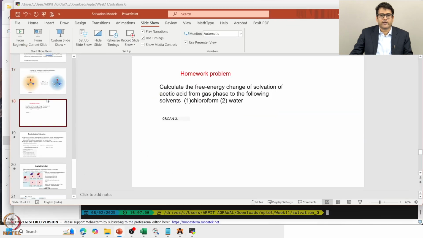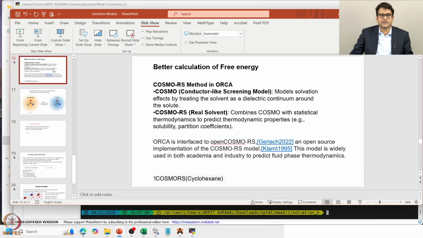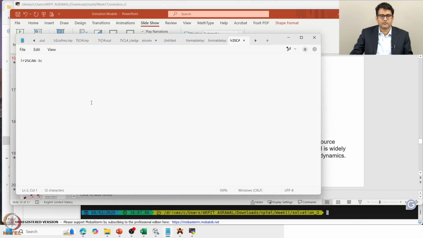Scan there, and then for the Cosmo RS, let's first use the Cosmo RS cyclohexane. First do the cyclohexane calculation, and we can use the optimized geometry, acetamide gas dot xyz.